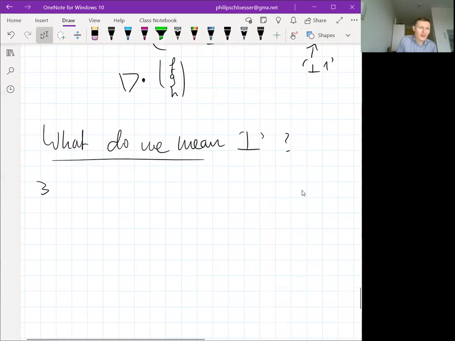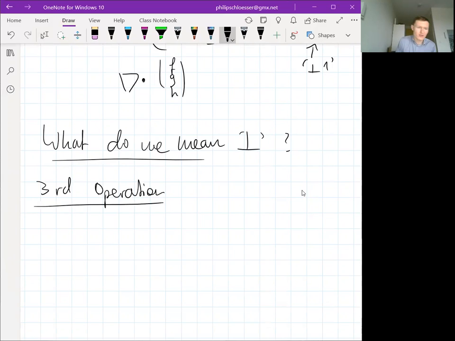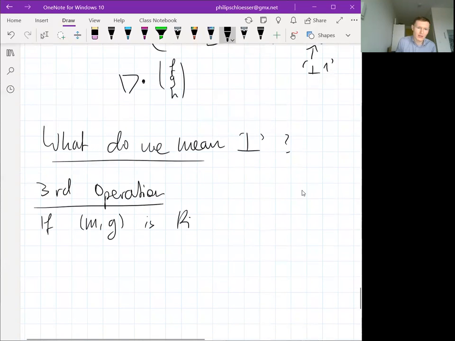So for the third operation, we actually need a metric. So if (M, g) is Riemannian or pseudo-Riemannian, I guess.